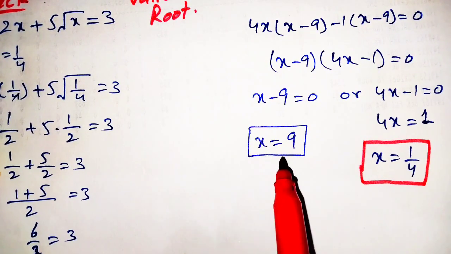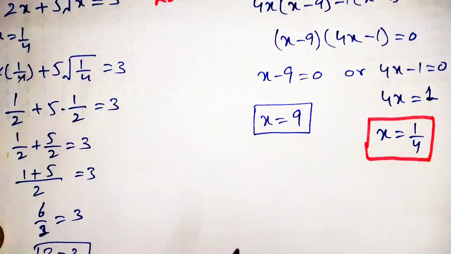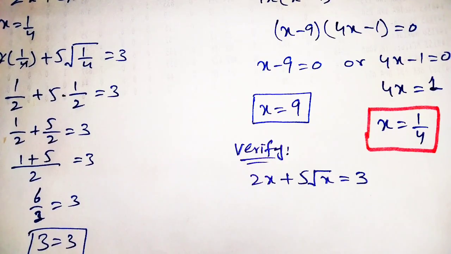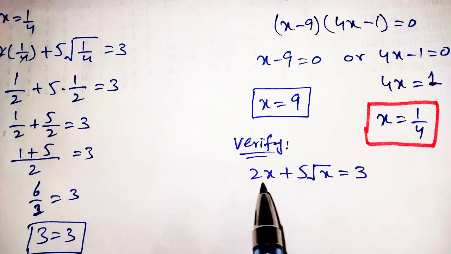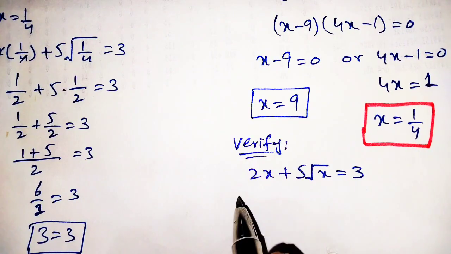So we will check the validity of this. For this we will take the given equation again, so this is the given equation, and clearly from this we can see that x is equal to 9 will not satisfy this given equation.